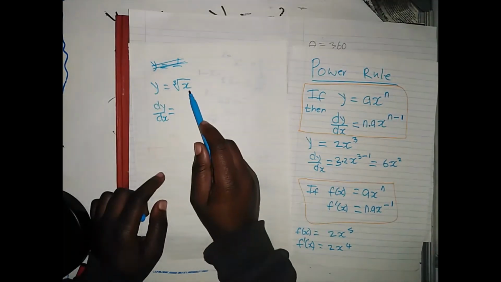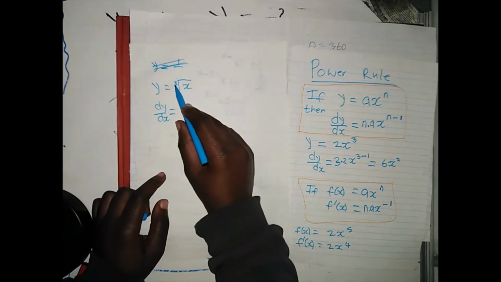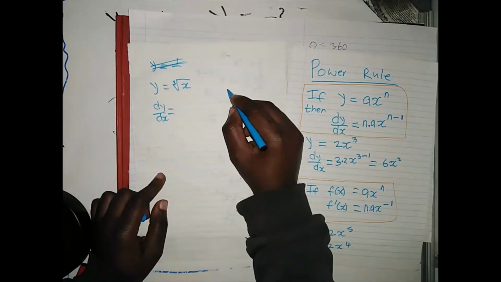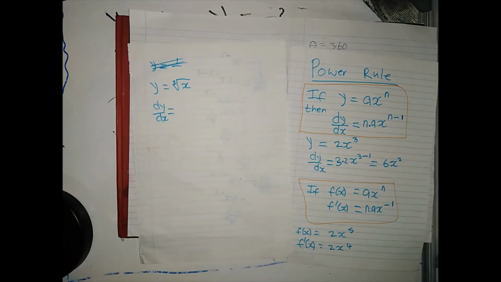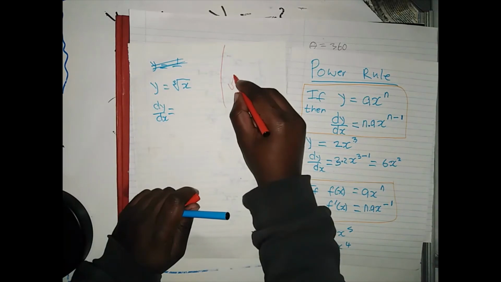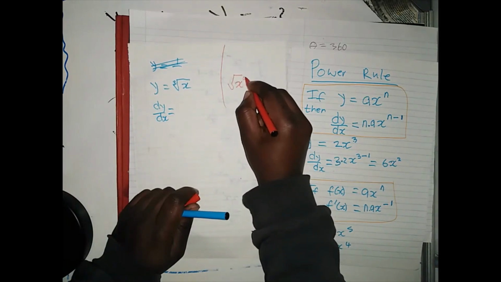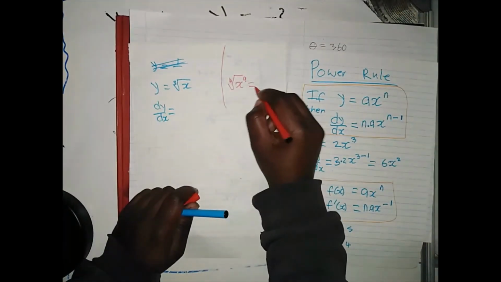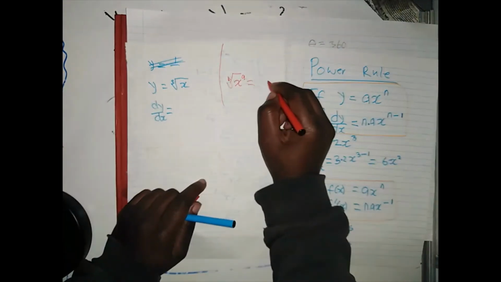Now from the exponent surd rules, you know that if you have something like x to the power a, with b here, and you want to represent it in power format, you take the x as it is.